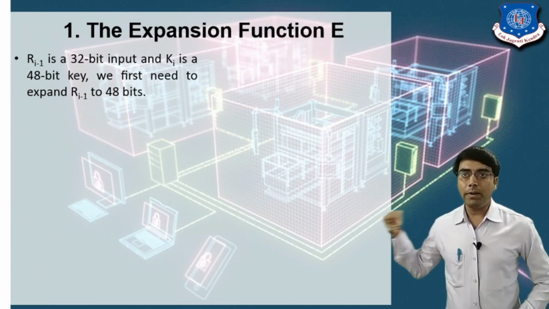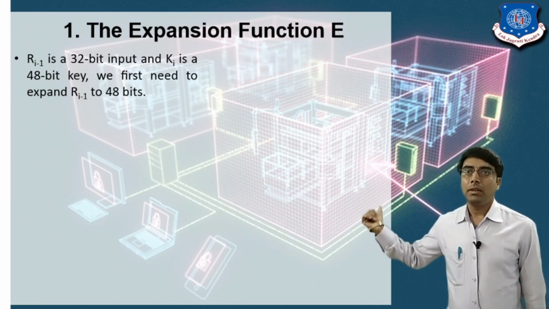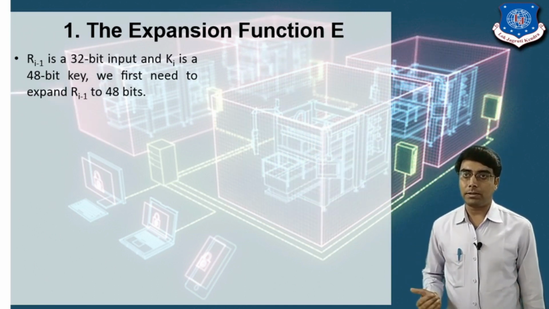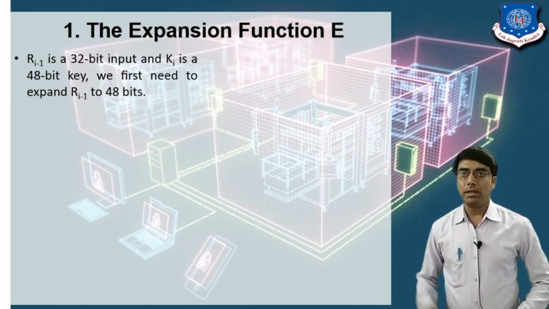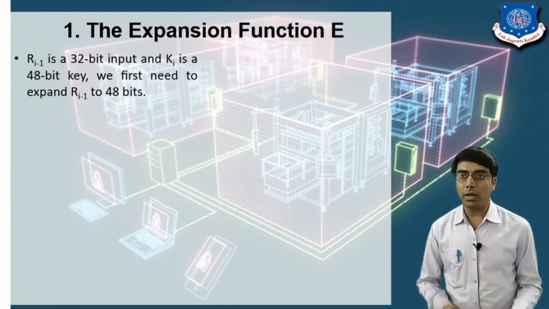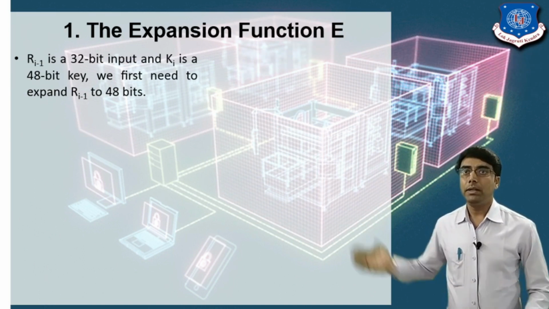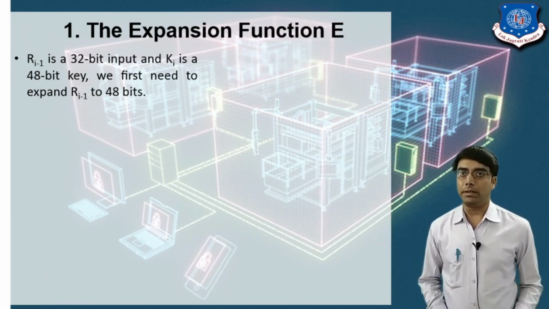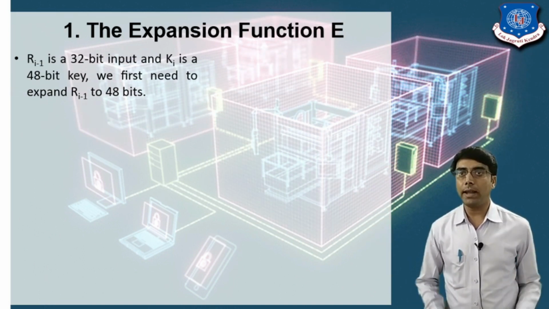So first we need to expand the right plain text. The right plain text size is 32-bit and we need to expand it into 48-bit. So how can we do that?